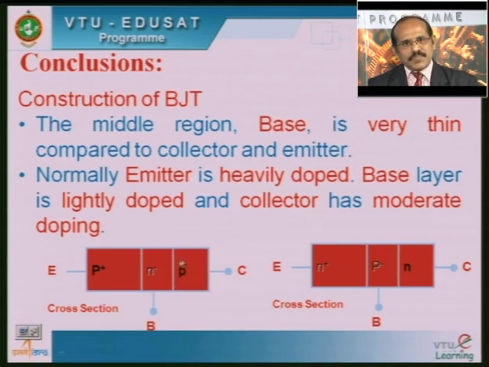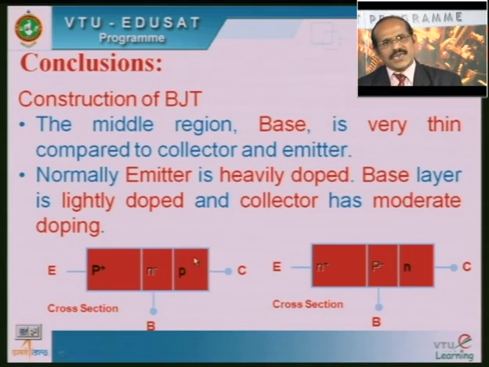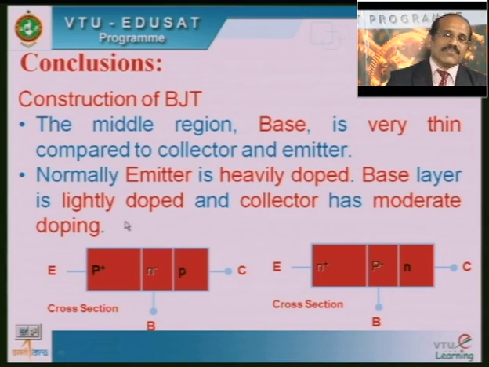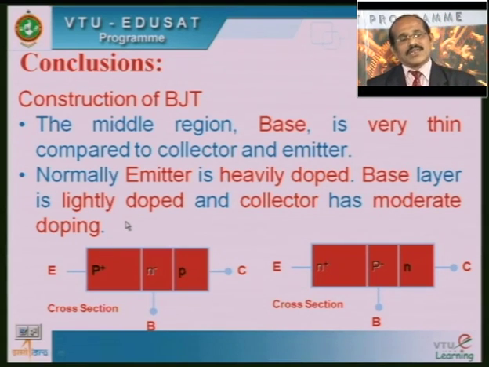For the P layer, no sign is assigned, therefore it is moderately doped compared to the others. If you know the information about the width and the doping level of each layer, it will be easy to understand the operation of the bipolar junction transistor.